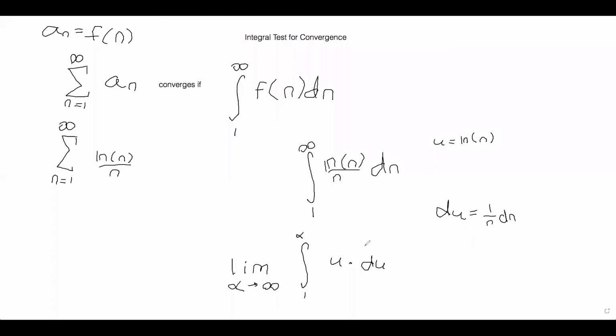Yeah, sure, u is a function, and du is the derivative of a function, but the math works exactly the same way. The integration works exactly the same as it would if it were just x dx, a single variable instead of a function. So we're going to just add 1 to this power. We have a u to the first power. We're going to raise that to the second power. We're going to have 1/2 u to the second when we take the antiderivative. And I'm going to be clearing things up as we go.